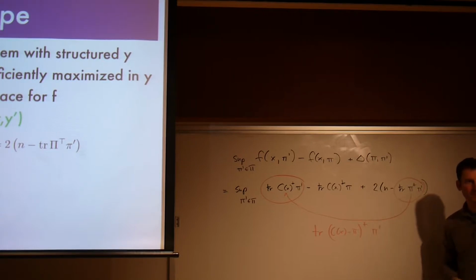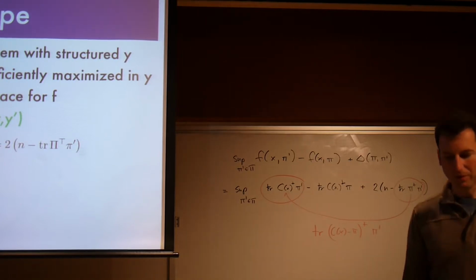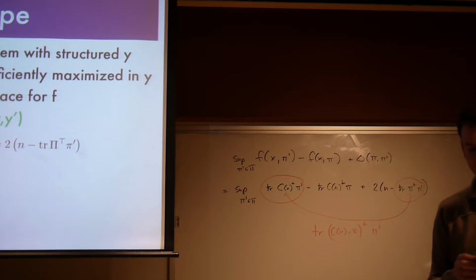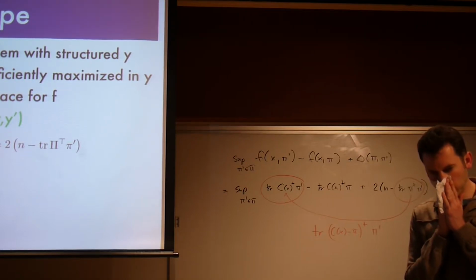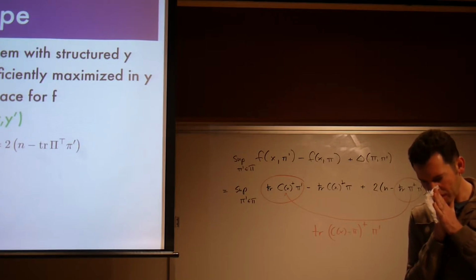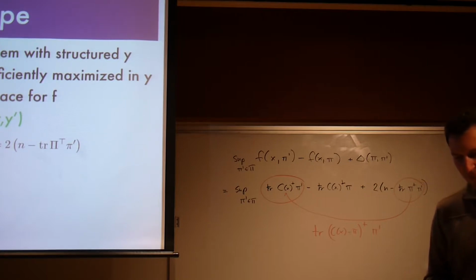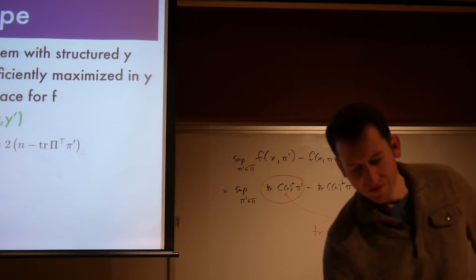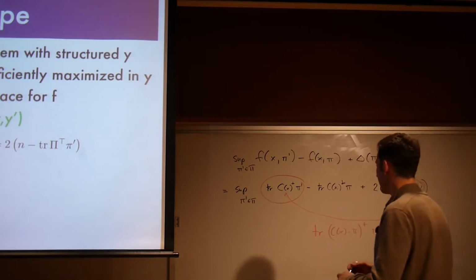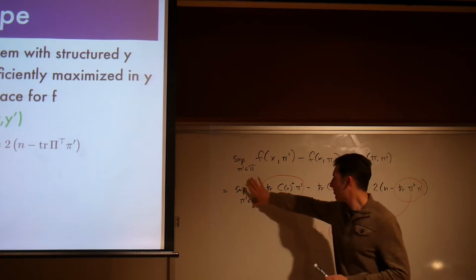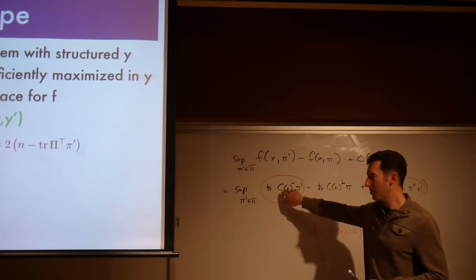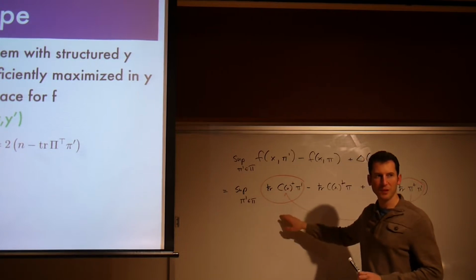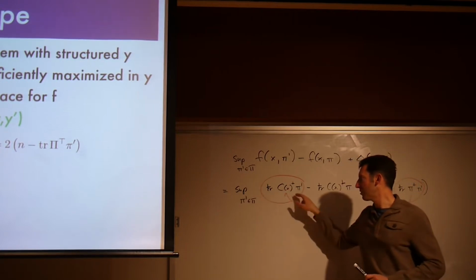And then we're done. So this now allows us to compute the loss function. And if we have the loss function, we can compute its gradient. Again, that's fairly straightforward because the gradient with respect to the c function simply means we compute the sup here, and then we get the subgradient by just plugging in the argument.